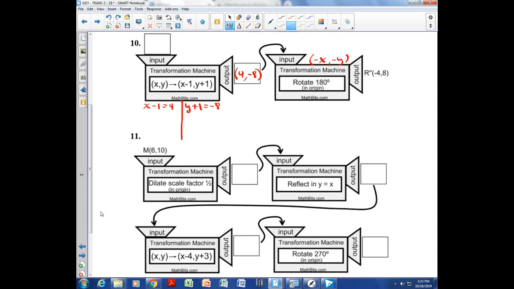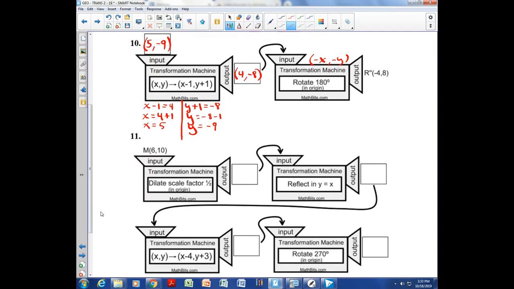Now I'm just going to solve for x. x is going to be equal to 4 plus 1. x is equal to 5, so I have my value of 5. And y is equal to negative 8 minus 1, and y is going to be equal to negative 9.